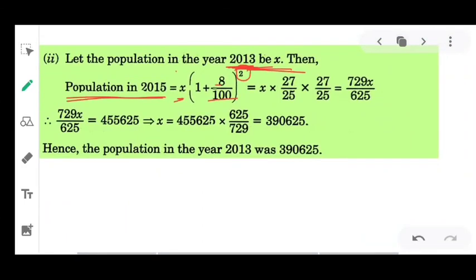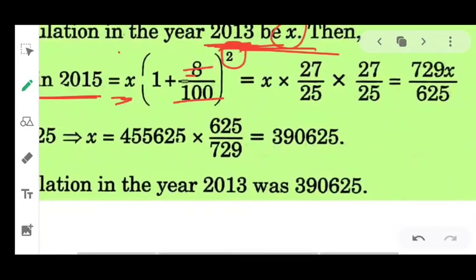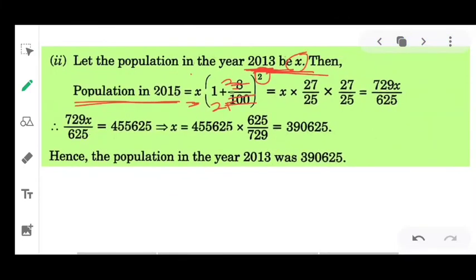And population in the year 2013 we have taken as X. So X into 1 plus 8 by 100 raised to the power 2. So this will be 4 twos are 8 and 4 25s are 100. So that is 27 by 25 square. So X into 27 by 25 into 27 by 25, that will be 27 into 27 into X, 729 X by 25 into 25, that will be 625.